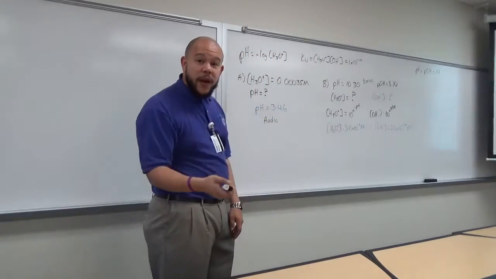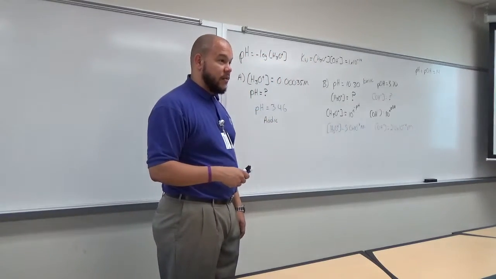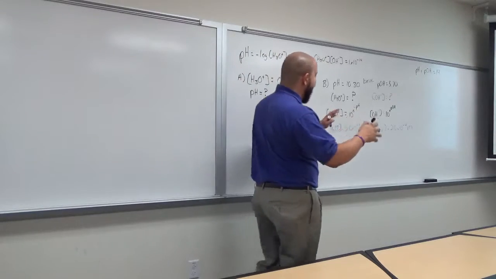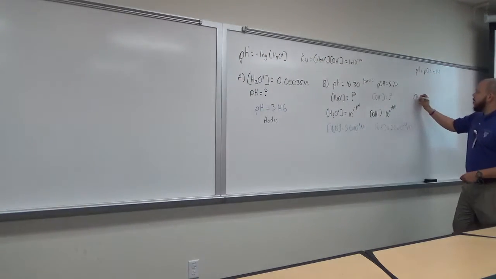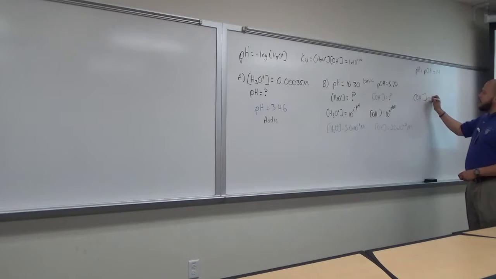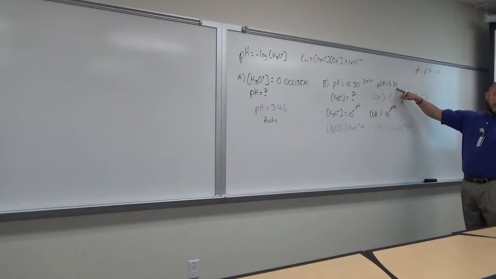Now, the third way to solve for this, there's one more way. If you were asked this kind of question, you could solve for OH minus as well by using Kw instead of going to pOH.